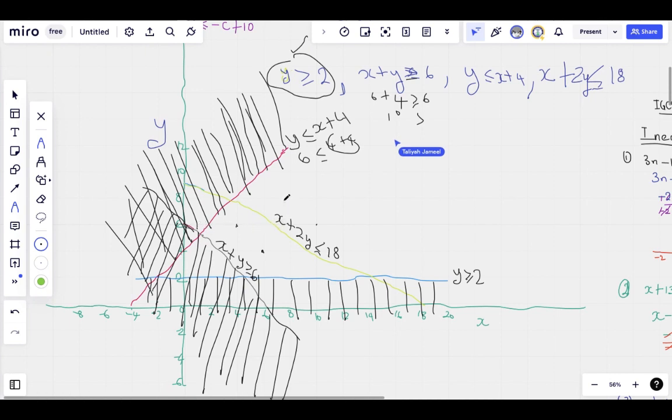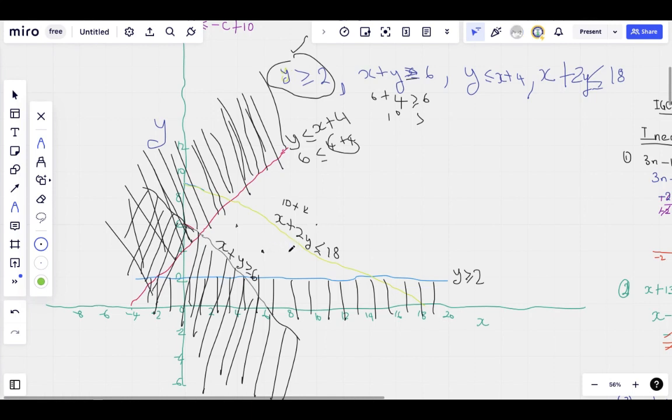X is 10, plus 2 times 6, y is 6. 2 times 6 is 12. So 12 plus 10 is 22. 22 is not less than 18. You can see 22 is greater than 18. So this is not the right region.